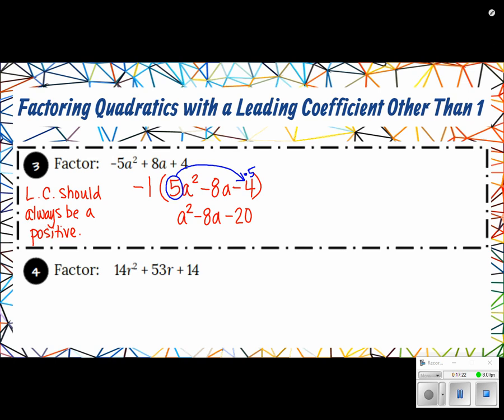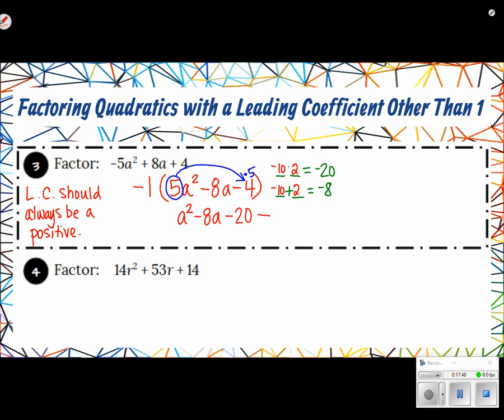And we're going to factor that just like we did yesterday. So we want blank times blank equals -20, blank plus blank equals -8. So we want to know what multiplies to give us -20 and adds to give us -8. And we're looking at -10 and +2. We're just playing around with those numbers, that's going to work.